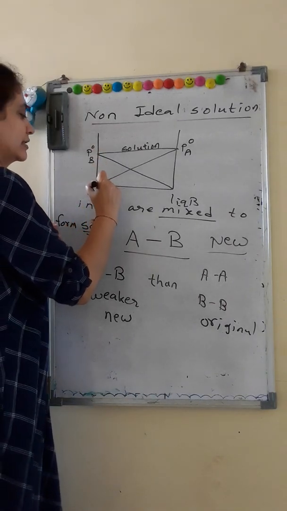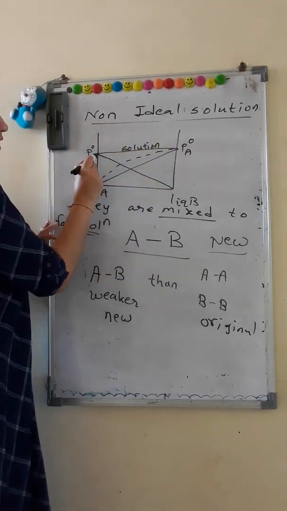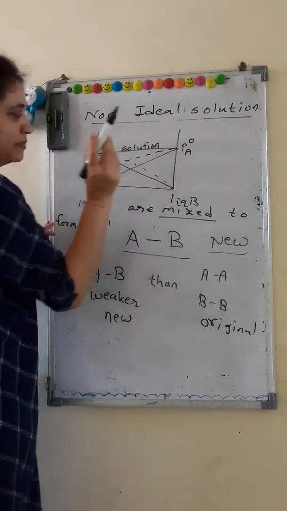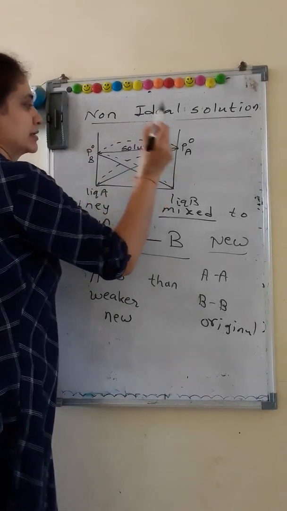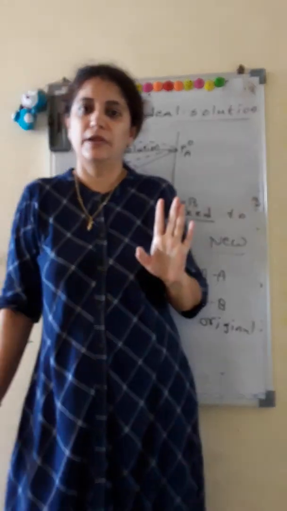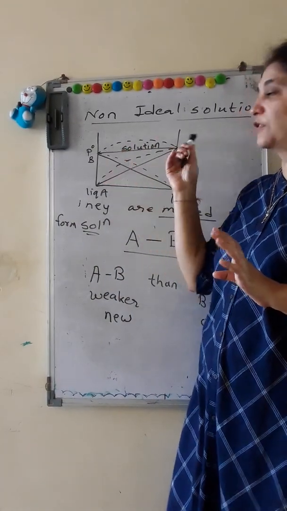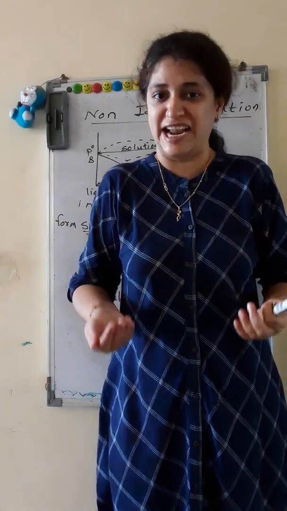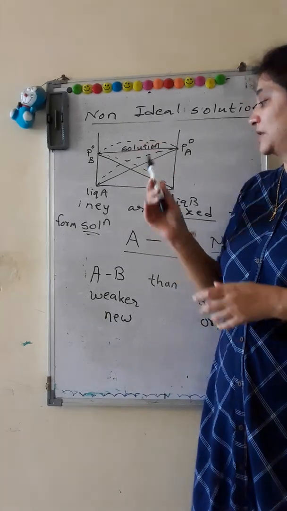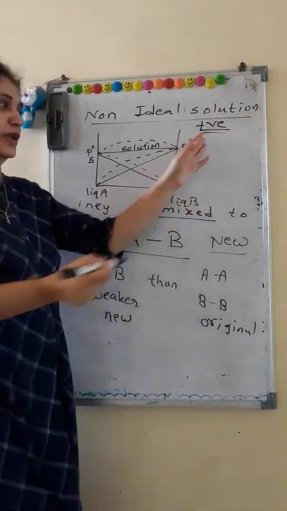So we will get a line like this for liquid A, a line like this for liquid B, and the solution line will be this. That means at every set of composition the vapor pressure found will be greater. When it is found to be greater than ideal behavior, then it is termed as positive deviation from Raoult's law.